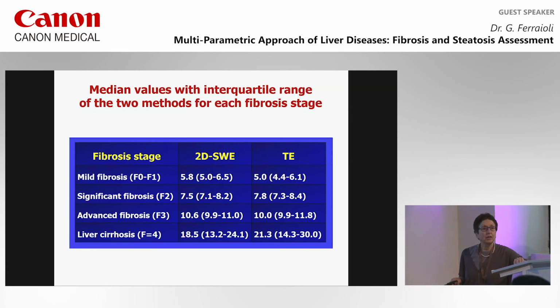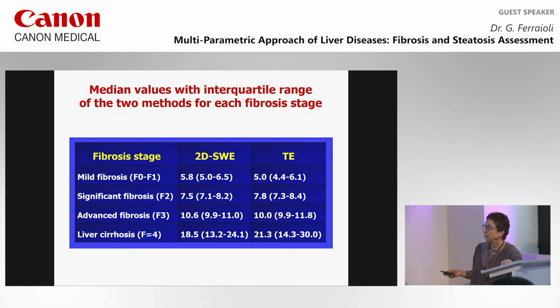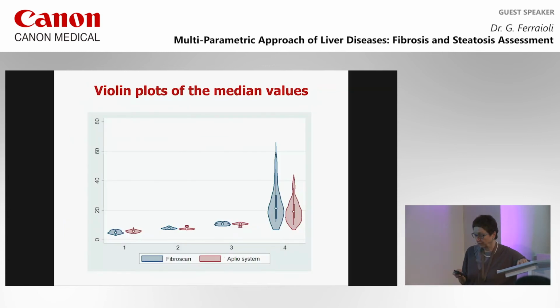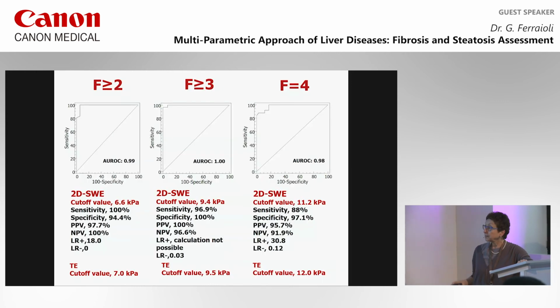The median value obtained in our series, as I said before, for liver cirrhosis with the two-dimensional shear-wave elastography was a lower value with respect to transient elastography. The violin plot for each stage of liver fibrosis, and these are the cutoff values that we have obtained in our series.